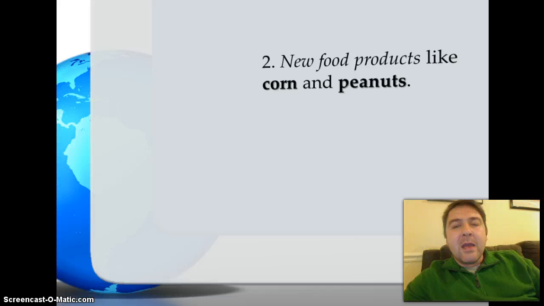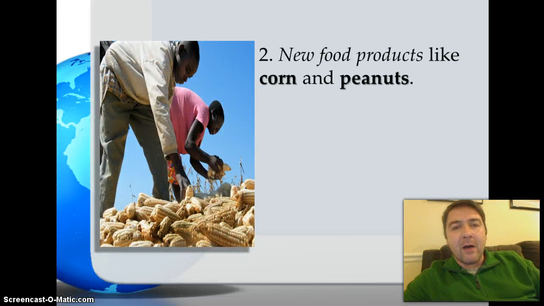The other big imports in Africa involved agricultural products, new food products, specifically corn and peanuts. These two products originated in the Americas. Corn in Mexico and Central America, peanuts down in South America.